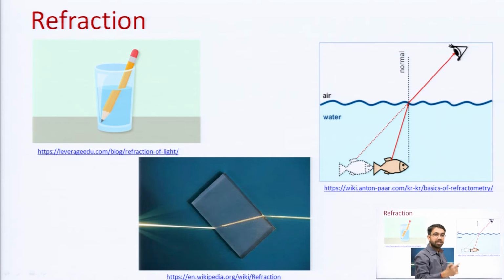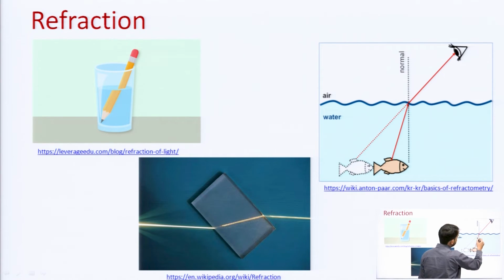Why? Because the light ray is coming from a denser medium to a rarer medium, and this we know, when light enters from a denser medium to a rarer medium, it bends away from the normal. So, if there is a person standing over here and he is seeing the fish, then he will think that the fish is here.